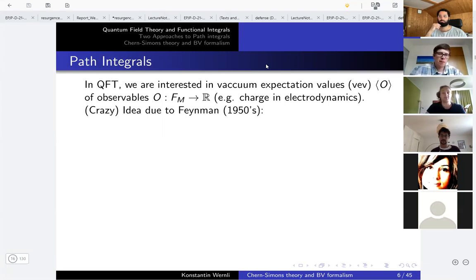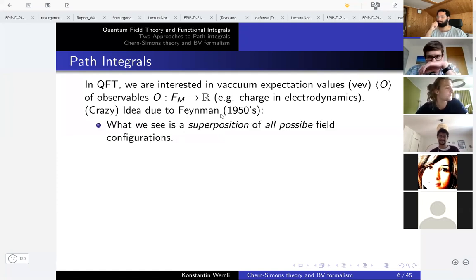For example, the charge in electrodynamics would be an observable. And in quantum physics, instead of these observables having a fixed value, we only can make a statement about the expectation value of those observables. And the crazy idea that, I mean, I say here it's due to Feynman, but apparently Dirac thought about it too. And some German physicist in the mid-20s already, but I forgot his name, like everybody, because nobody talks about him.